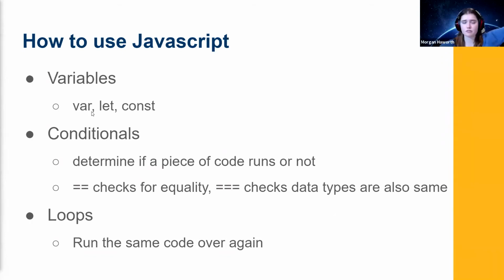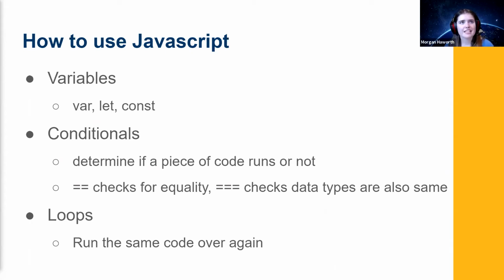It's not going to be used throughout your whole program. It's just in a small block of code, and the value inside that variable might change. The next one is const. For constant, the value of a variable that is const does not change. It's not meant to change.